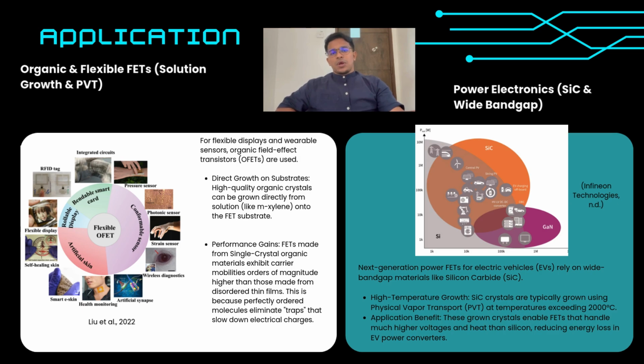The benefit of this grown crystal is clear. The resulting FETs can handle much higher voltage and heat than silicon. This is the key to reducing energy loss in EV power converters, making our transportation more efficient, and we can save energy.